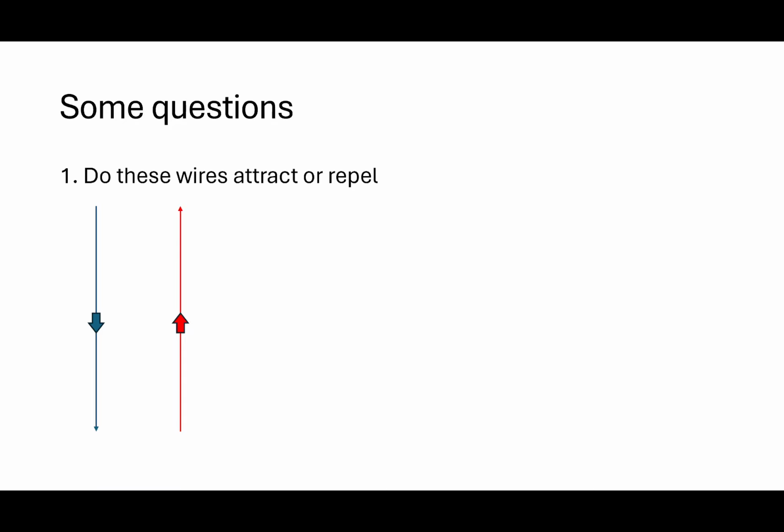So these wires are current carrying wires, and we want to know if they attract or repel each other. Does anyone have any answers?